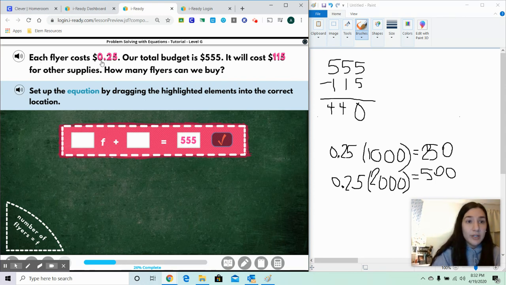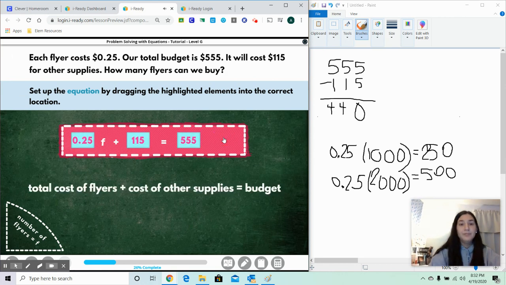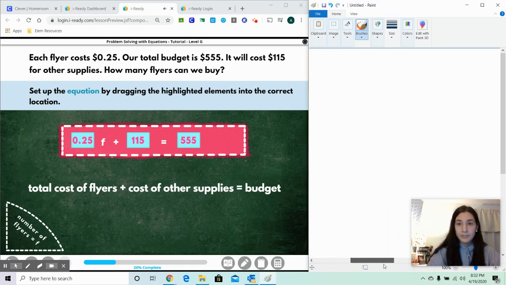Each flyer costs 25 cents. So we bring that down. Now it says that we have an additional $115 for other supplies, so we know that's going to be a one-time fee that we're going to add on to make our total cost. So there's our equation. Looks right to me. The total cost of the flyers plus the cost of other supplies will equal the budget.